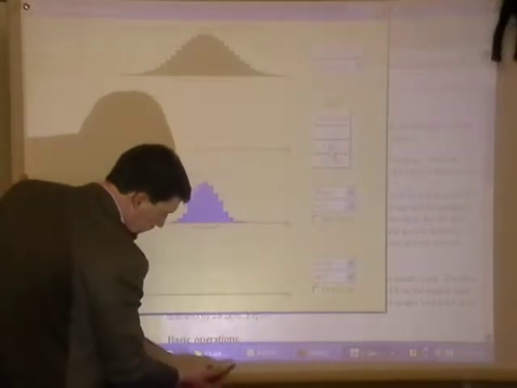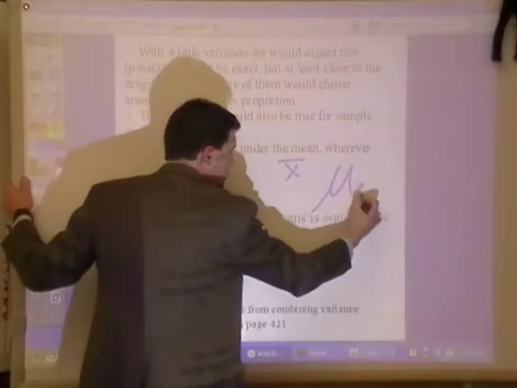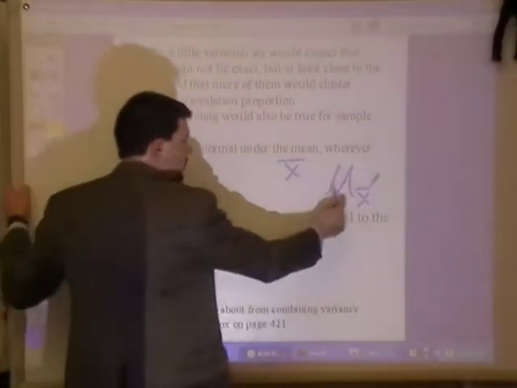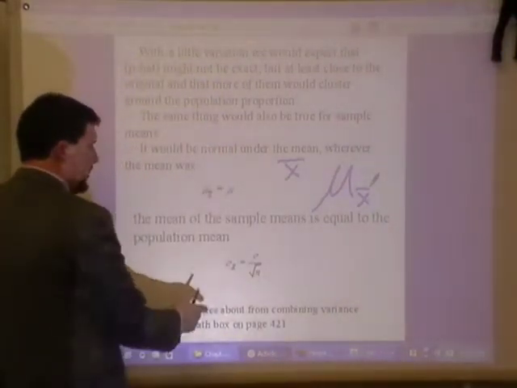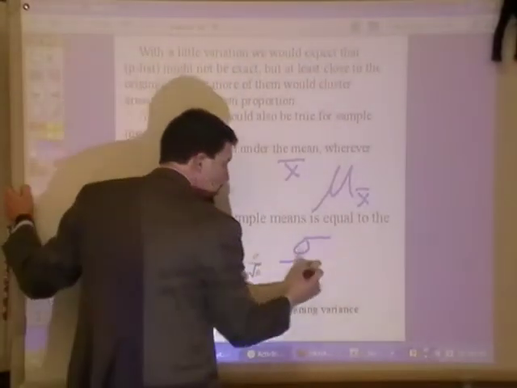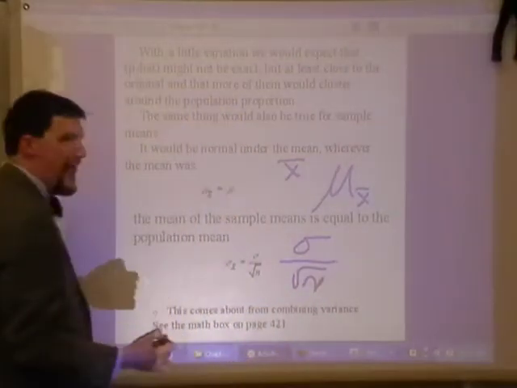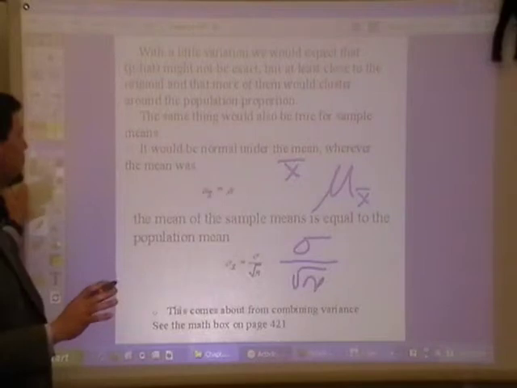It looks like this as a symbol. It's the mean of the sample means. Just like the mean of the p hats, this is the mean of the x bars. And how much does the standard deviation change? Well, it was the standard deviation of the population, but it was smaller. How much smaller? It was the square root of n smaller. So that's what we need to talk about there.